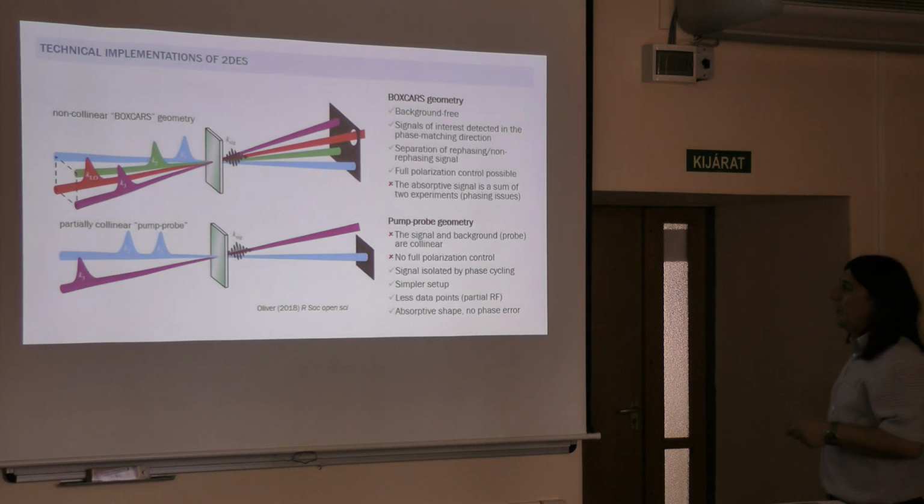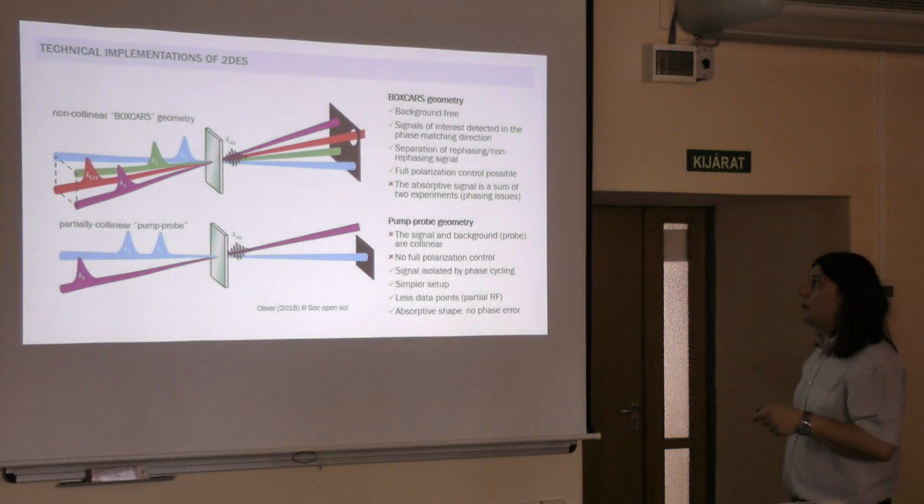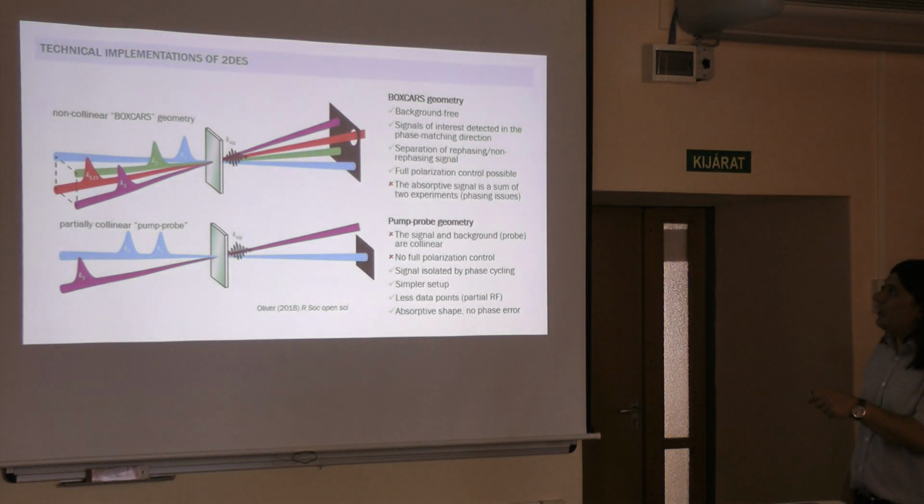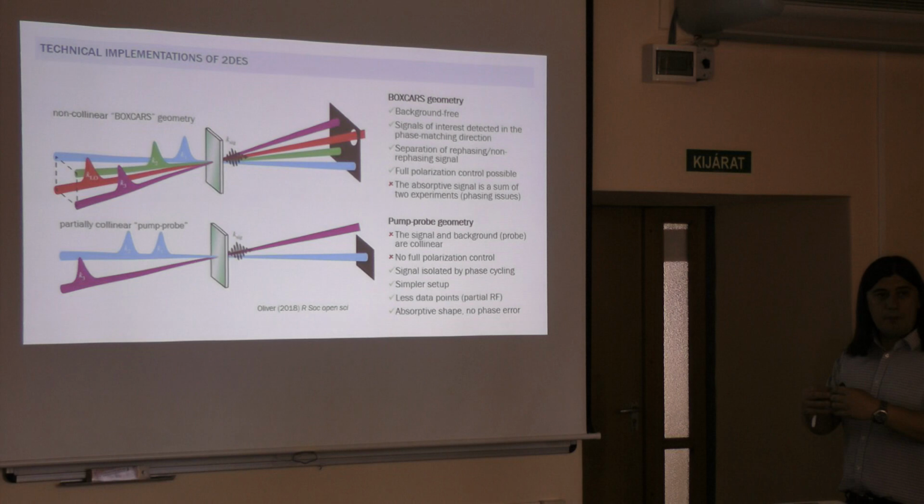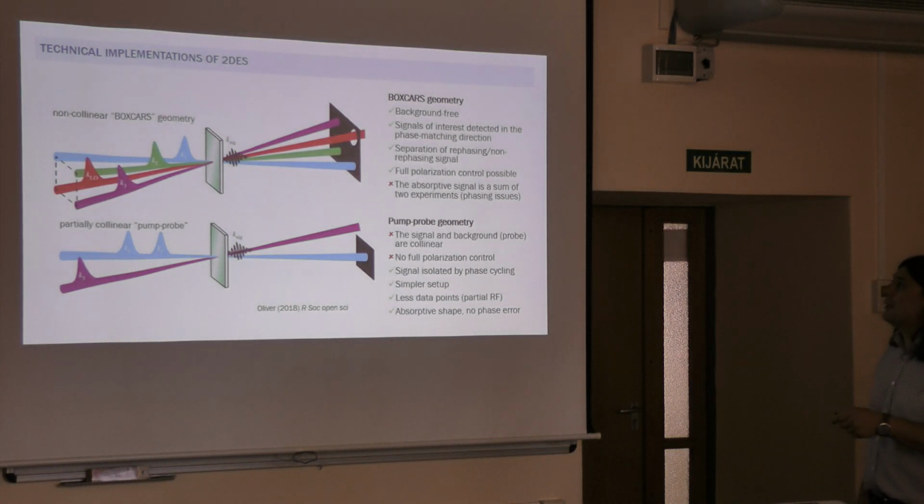But it's very tricky and very difficult, and actually in the visible, to date, every experiment has some kind of artifacts, because in order to get the proper two-dimensional absorptive signal, you have to measure the rephasing diagram, then the non-rephasing, and then sum them up properly without any phasing artifacts, and that's not really 100% achievable.